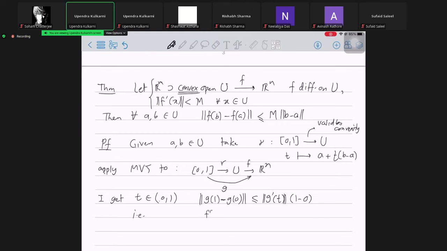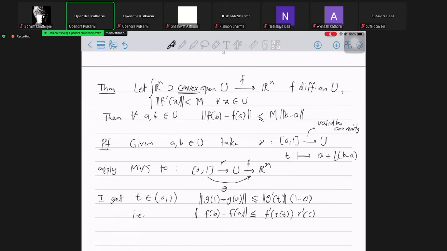So this is F of B minus F of A. Exactly. So this is just the norm of F prime of gamma of T, now times gamma prime of T.